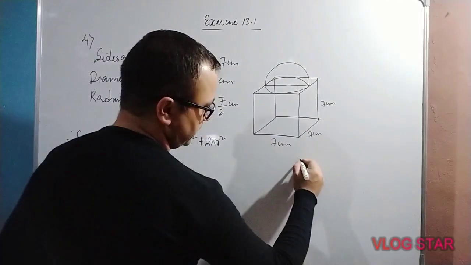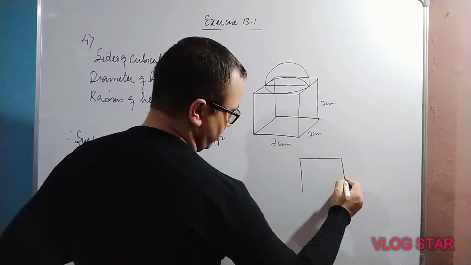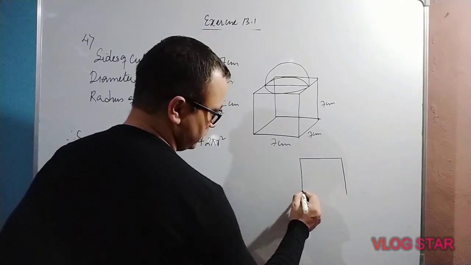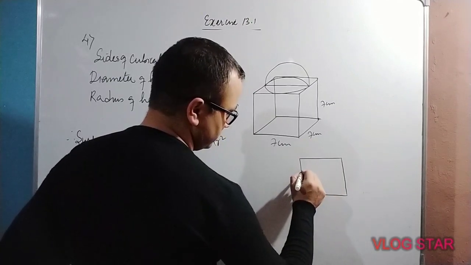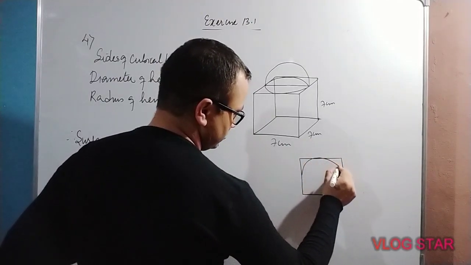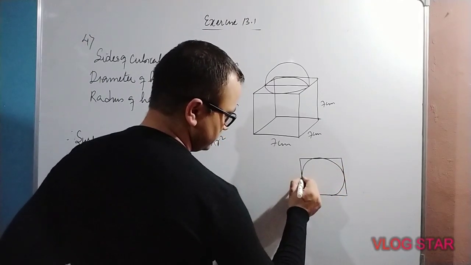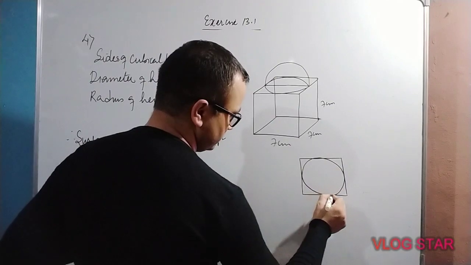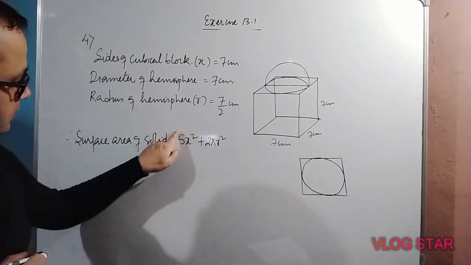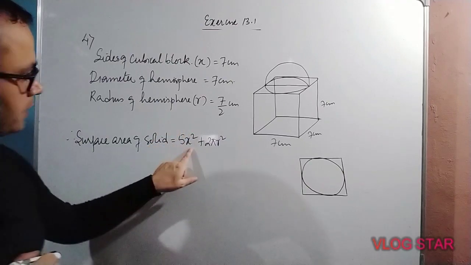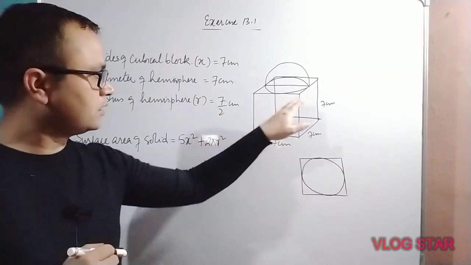Now the covered face. If you look at the covered face, it will look like this. So this is the area of 5 faces. These faces are uncovered.